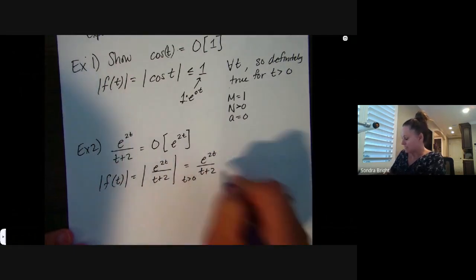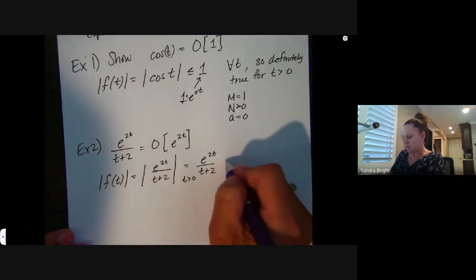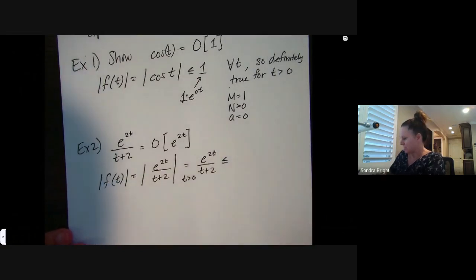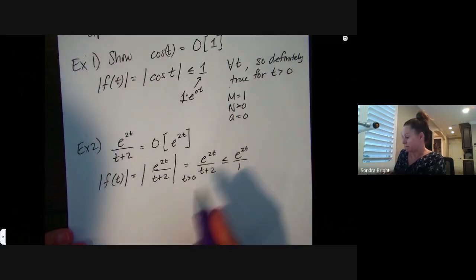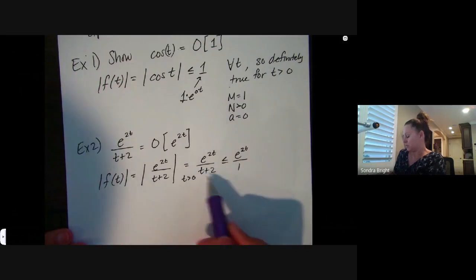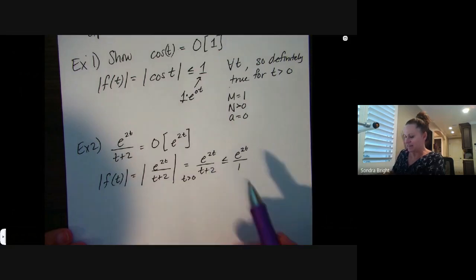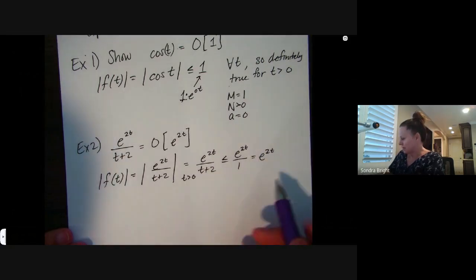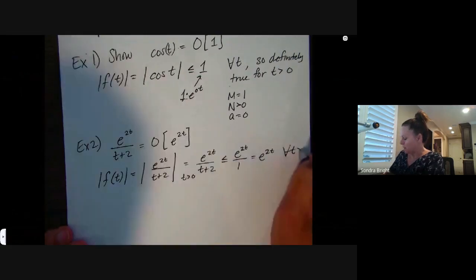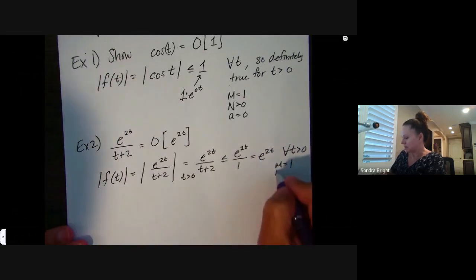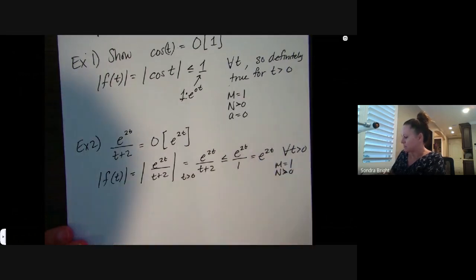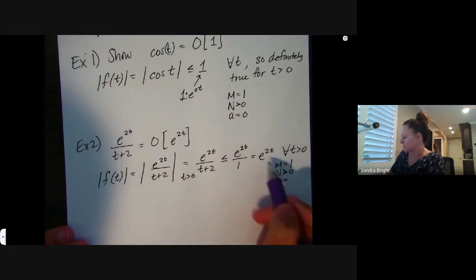And this is definitely less than or equal to e to the 2t over 1, because t is greater than 0, so the smallest the denominator would be is 2 something. And that's just e to the 2t, and we did it, for all t greater than 0. So your m is 1, your n is greater than 0, and your a is 2.